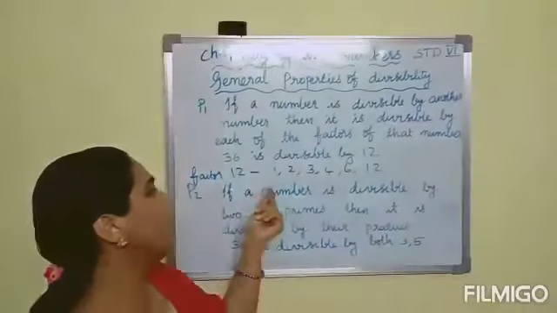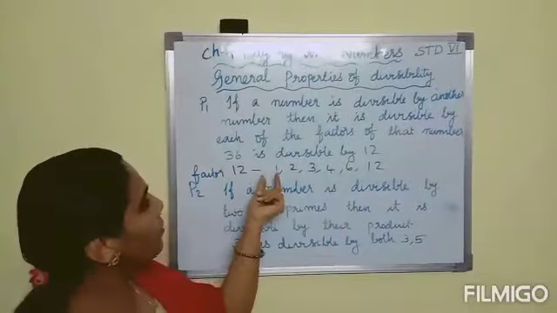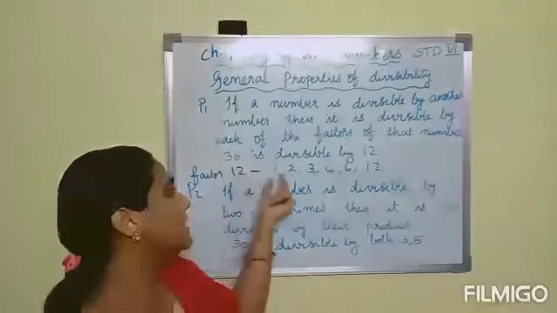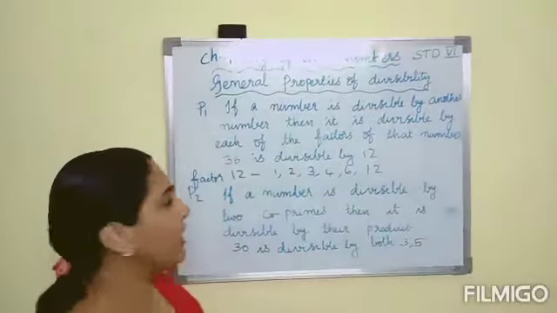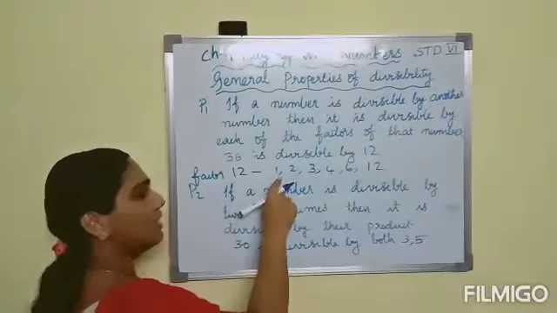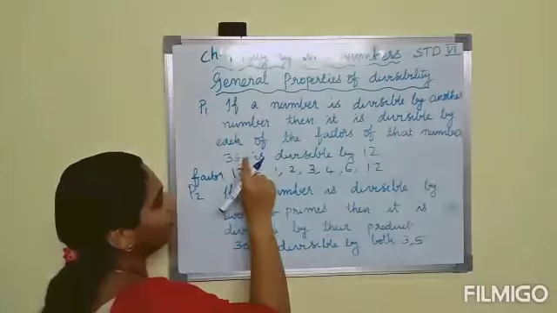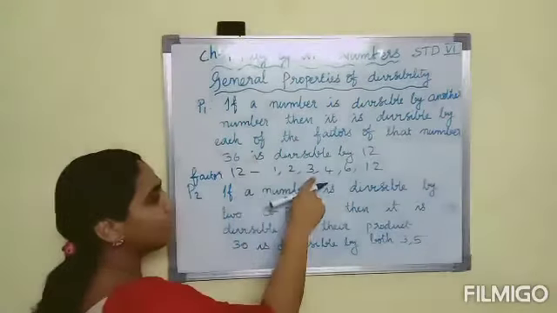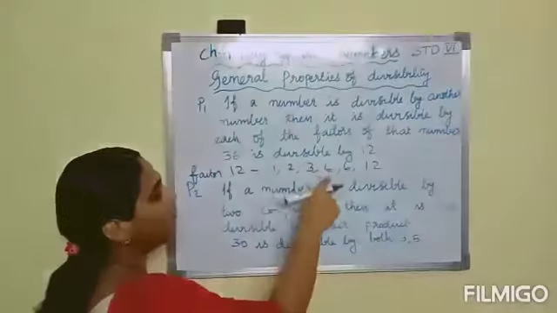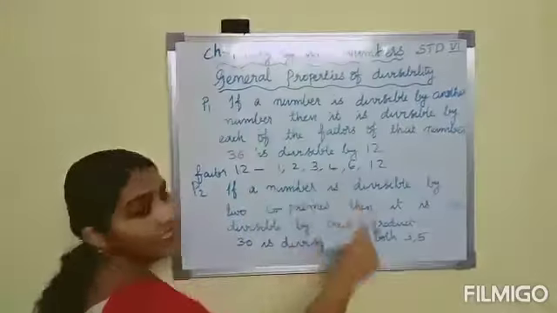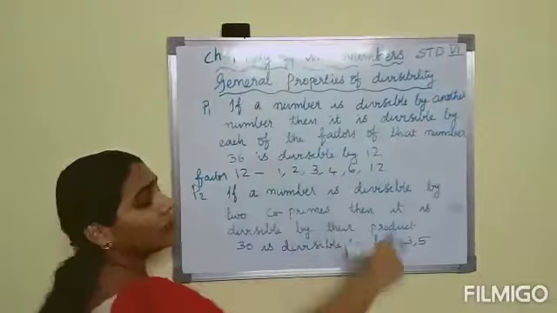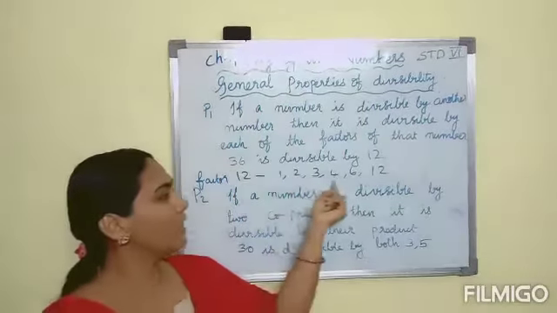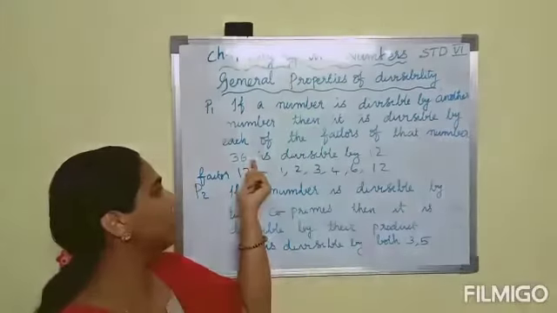Now we want to check whether this 36 is divisible by each of these factors. 36 by 1 is 36, we don't get any remainder. 36 by 2 is 18. 36 by 3 is 12. 36 by 4 is 9. 36 by 6 is 6. 36 by 12, what do you get? 3. So that means 1, 2, 3, 4, 6, 12 are the divisors of 36.